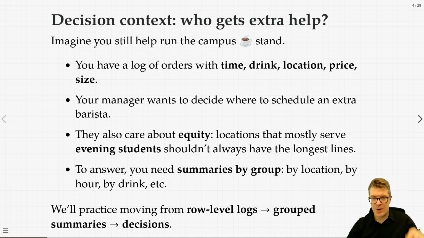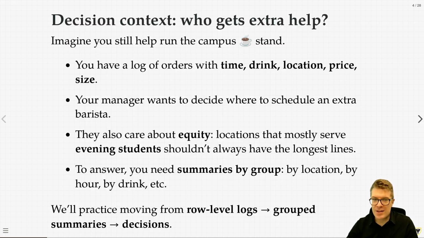So maybe there's so much activity that you want to put an extra person in that particular stand. But you also care about equity. So locations that might serve mostly evening students shouldn't always have the longest lines, right? So it might be the case that you could prioritize a daytime location by adding more support, more baristas, and give them a really good experience.